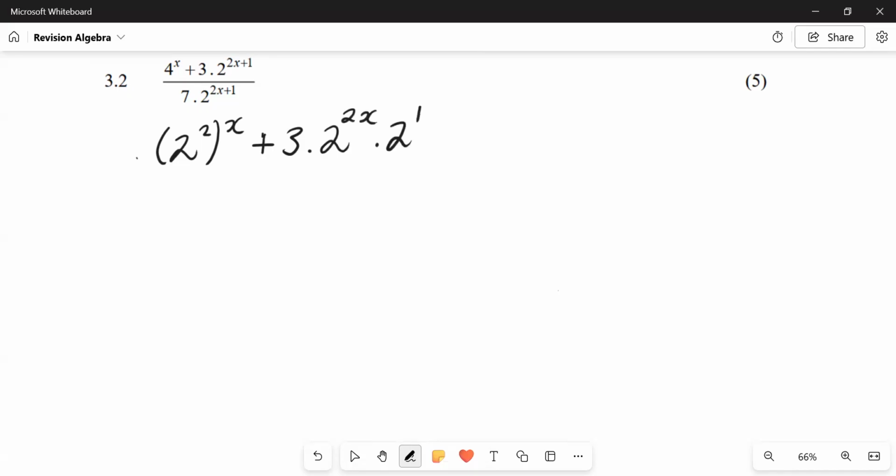And then from there, you have your 7 times, let's separate here. So that's 2 to the power 2x, and then 2 to the power 1, right? And then from here, you distribute. You remove the brackets, right? So that's 2 to the power 2x plus 3.